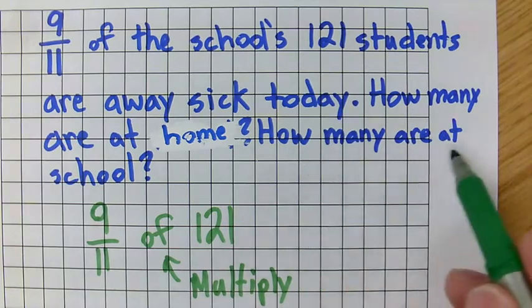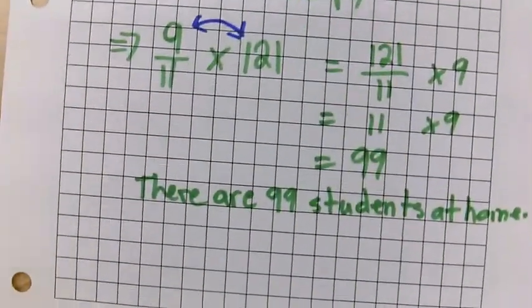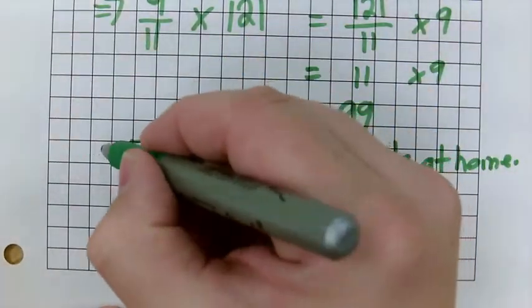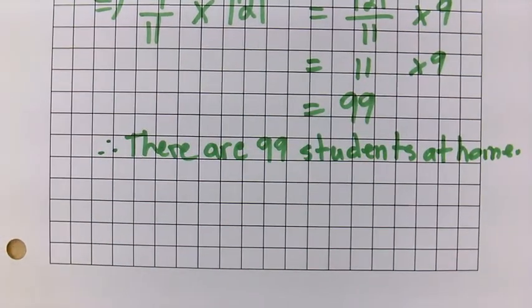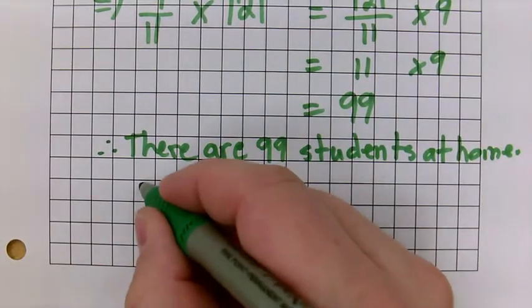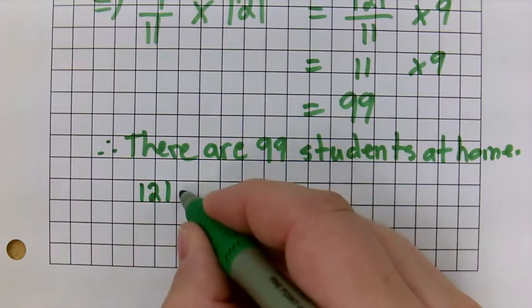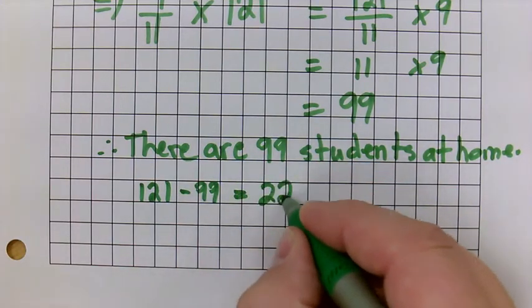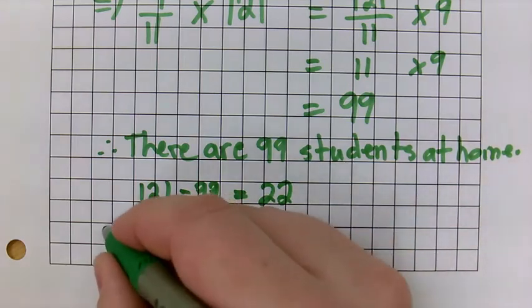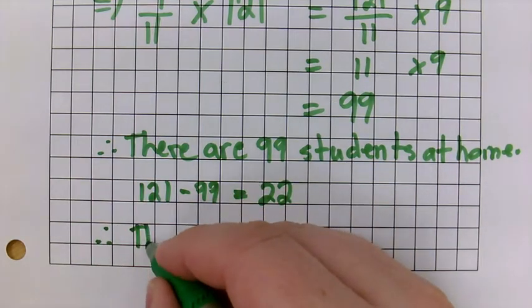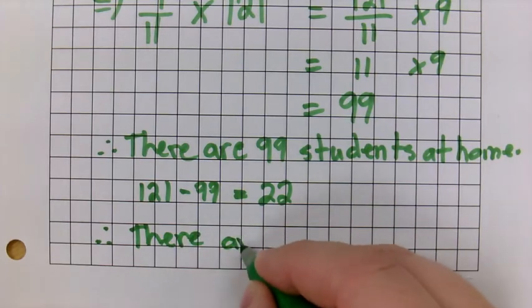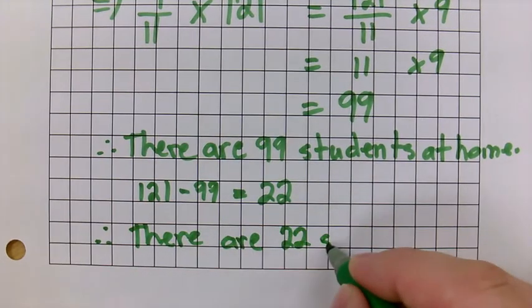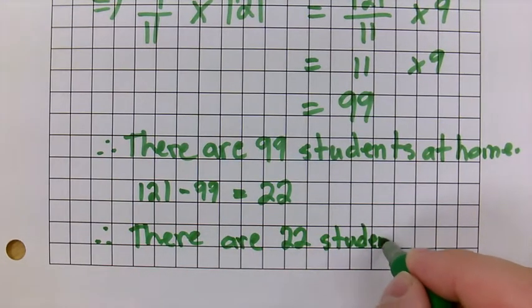It also asked how many are at school. And I like to use this to say therefore, that's what those 3 dots are. Well, if there's 121 students and 99 are away, that would mean that there's 22 students at school. There are 22 students at school.